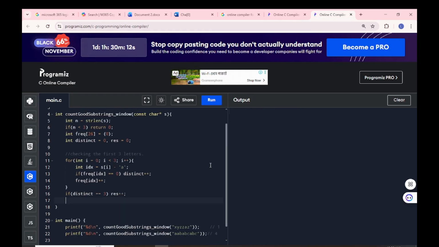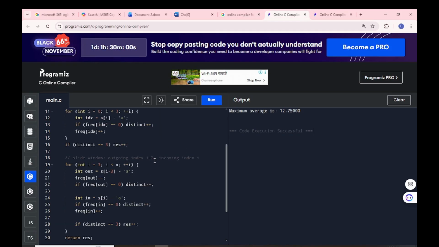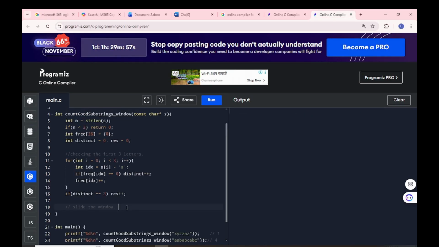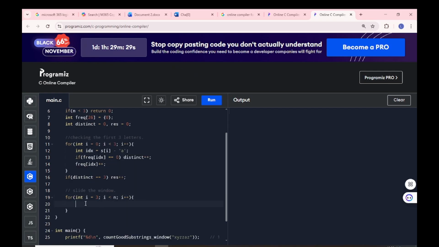Okay, now we have to slide the window. Slide the window, outgoing index I minus 3, incoming index I. Okay, so here I will start from 3, right? Less than n, I plus plus.